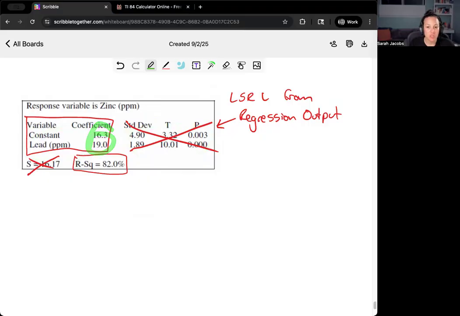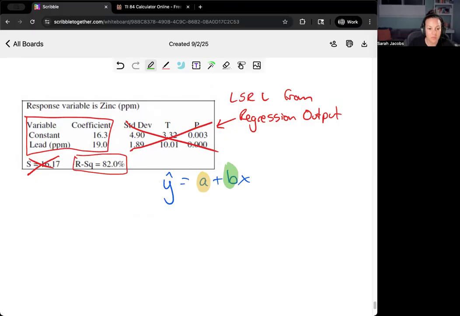Okay. So to write our least squares regression line, we're going to use our form y hat equals a plus bx, where y hat is, where a is the y-intercept and b is the slope.